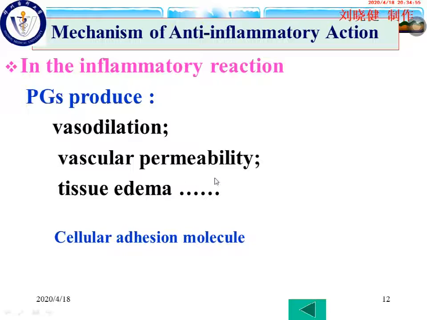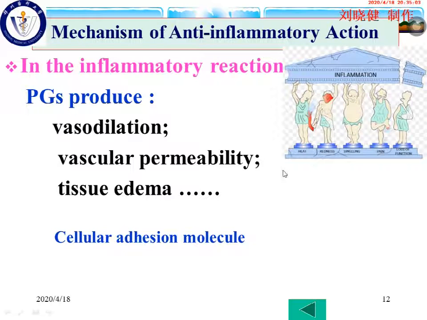So that's why, when some patients have inflammation, there is a classic inflammatory reaction at the local area. I think maybe you still remember this inflammatory reaction. It means heat, redness, swelling, pain, even loss of function. And usually during this inflammation, the expression of cellular adhesion molecules is also increased.